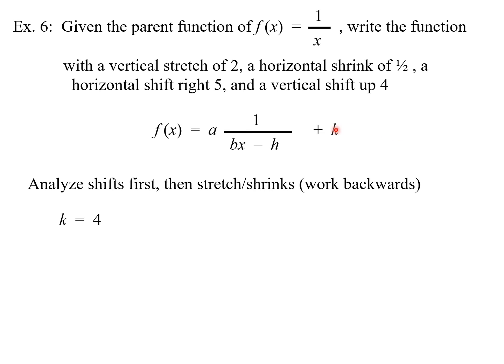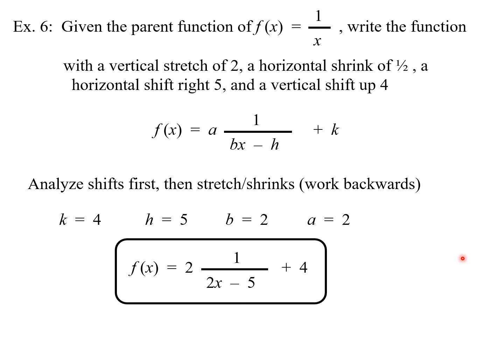H, the horizontal shift right 5, means that h is 5. A horizontal shrink of 1/2 is kind of backwards with the b, so b is equal to 2. And then a vertical stretch of 2 means a is 2. Then we can insert the values into the general form of the function, and we get this as our answer.